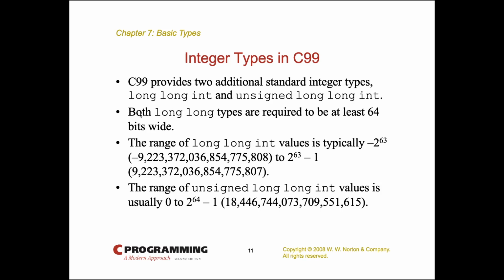Both long types are required to be at least 64-bit wide. The range of long int values is typically minus 2 to the power of 63 to 2 to the power of 63 minus 1. Wow, so big, right?